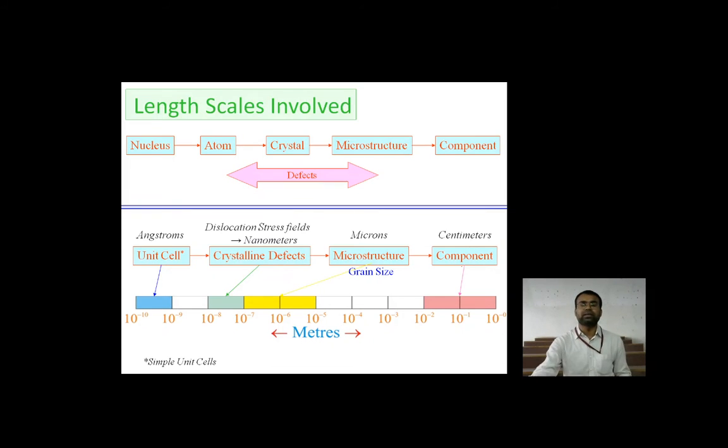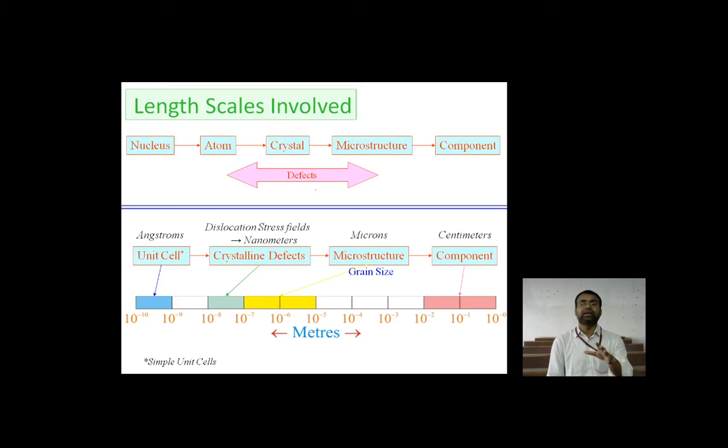And you can see there is a defect showing there, in between the atom and the microstructure. That defect shows the arrangement of the atoms at a certain level of structure. We define the various structural properties of the materials, and how the component will behave and work.